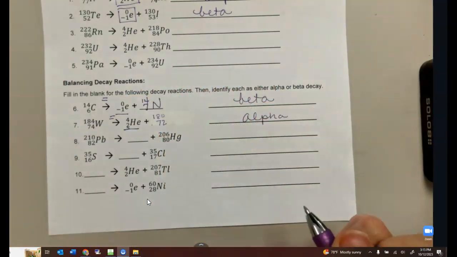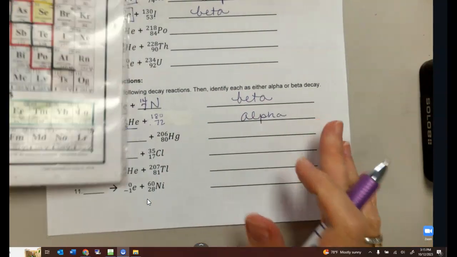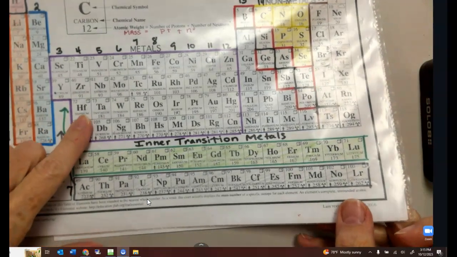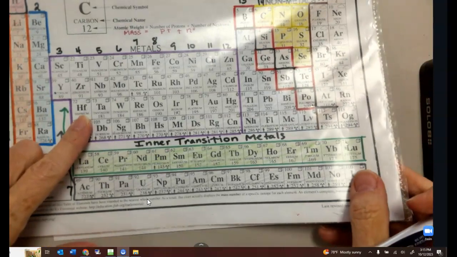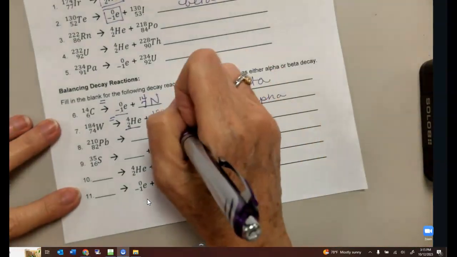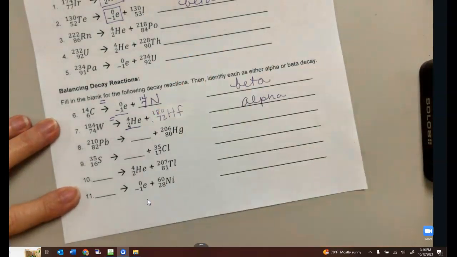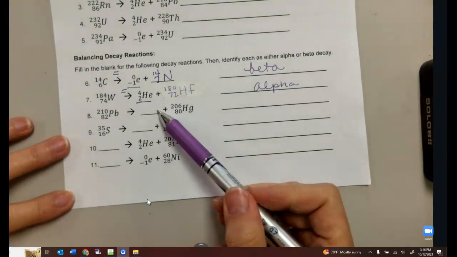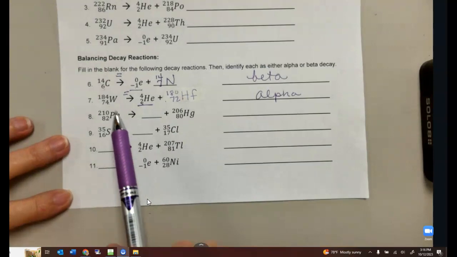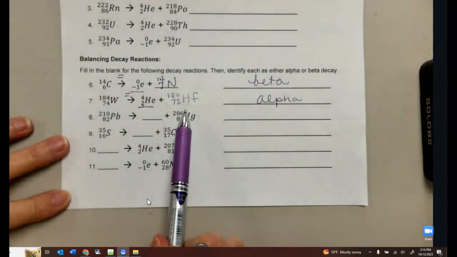Who's number 72? Let's look on our periodic table. That's hafnium, Hf. So put your element symbol right there. You're going to do the same thing: fill in the missing blanks. Make sure everything on the left equals everything on the right.